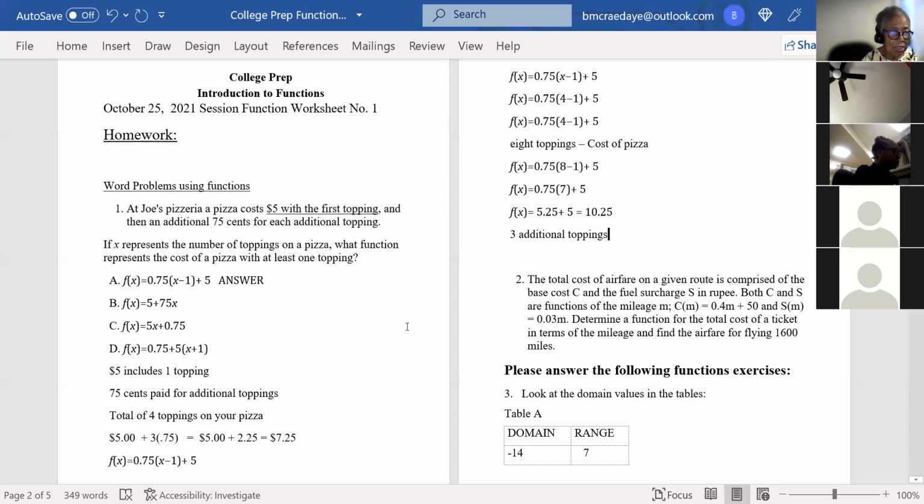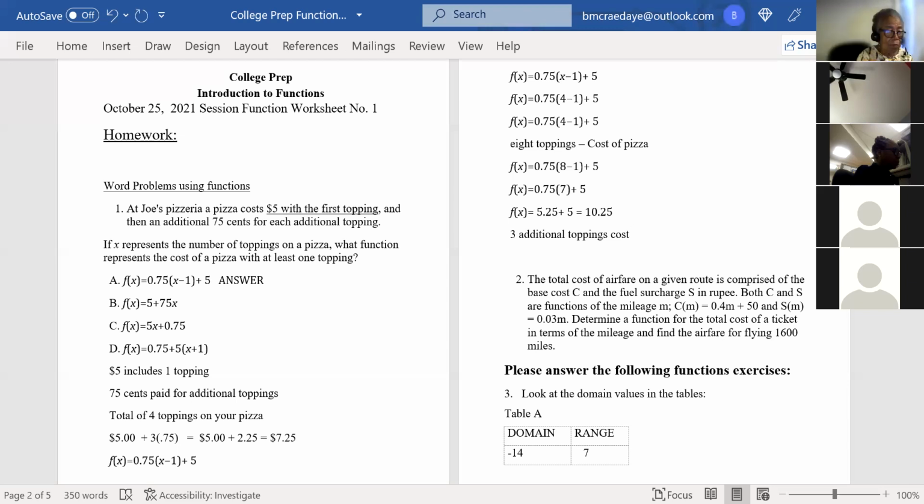What would 3 additional toppings cost? Audrey, what would 3 additional toppings cost? $2.25? Yes, $2.25, Miss Barbara.